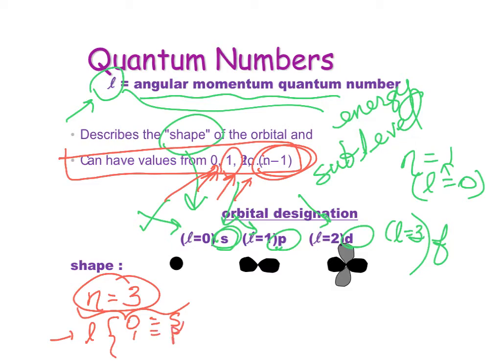And the highest value L can have is n minus 1. In this case, since n is 3, that's 3 minus 1, so the highest value that L can have is 2.